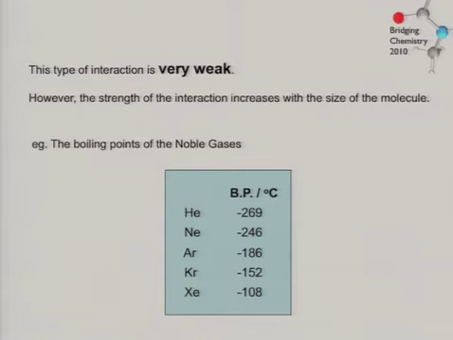So helium has a boiling point of minus 269, getting very, very close to absolute zero. And as we move down, xenon has a boiling point of minus 108. So as they get bigger and they have more electrons, the stronger those van der Waals interactions become.